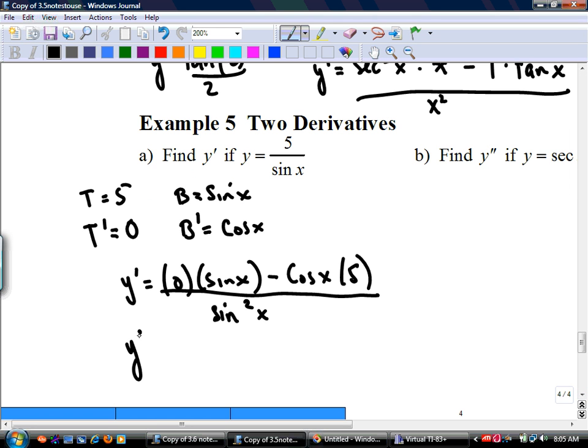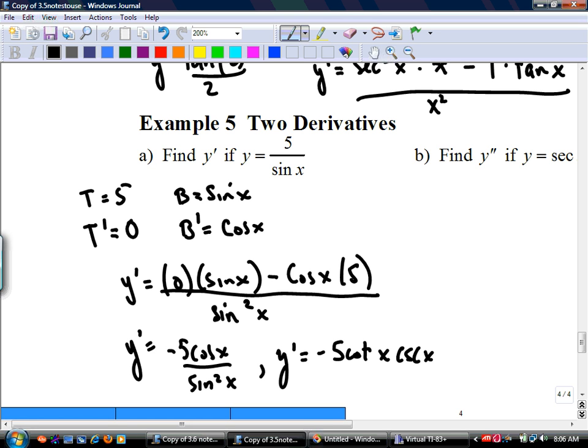So an answer would be negative 5 cos x over sine squared x. Another answer could be cos over sine is cotangent, and 1 over sine is cosecant. So you could do that as well. Did I blow some minds away?